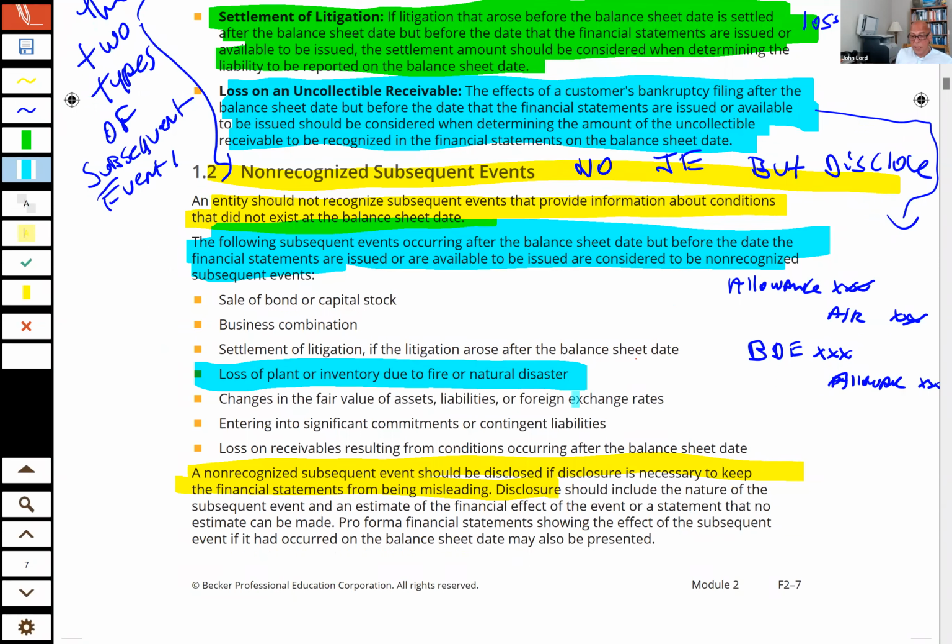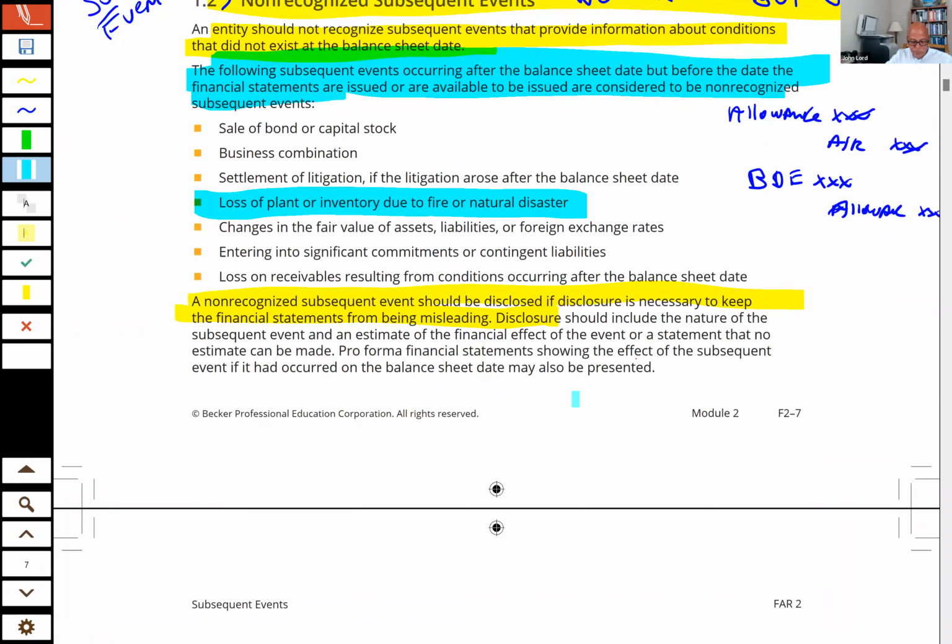And that happens before we issue the financial statements. You'll still show in property, plant, equipment whatever the depreciated cost was of that asset, but actually there's a hole in the ground where that used to be, right? So you've got to create a footnote disclosure about that. You've got to disclose that.